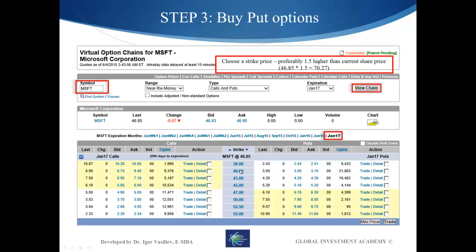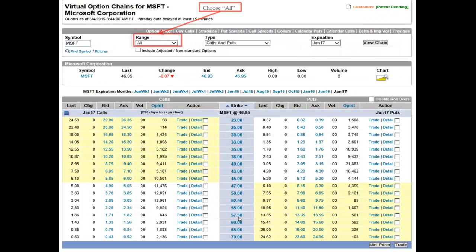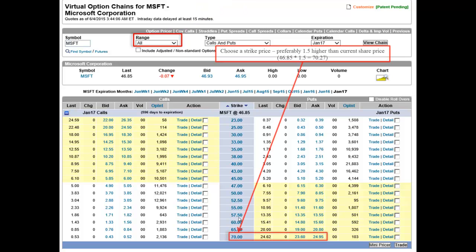And as we can see here, the maximum strike price for Microsoft is $55. Now, in order to see other strike prices, we need to change from near the money and set all. And in this case, as you can see, we got all the options available and all strike prices available.